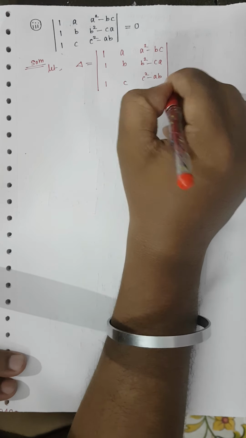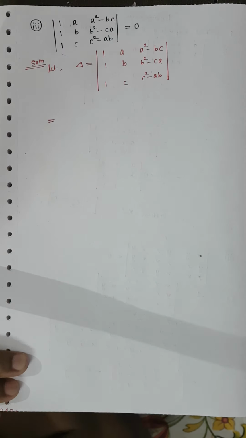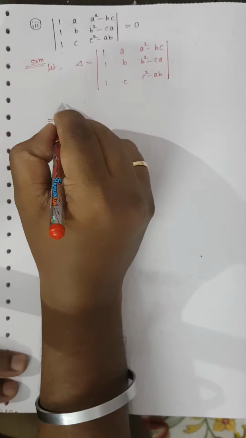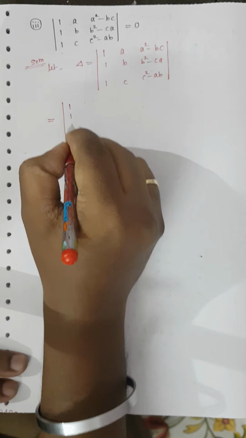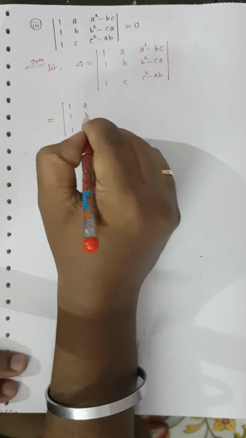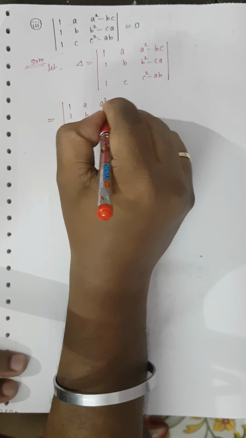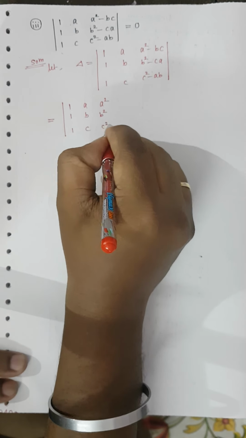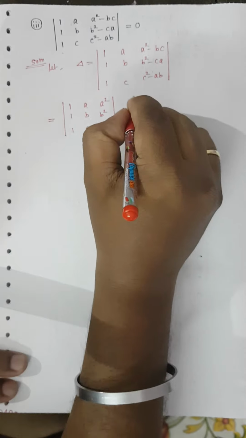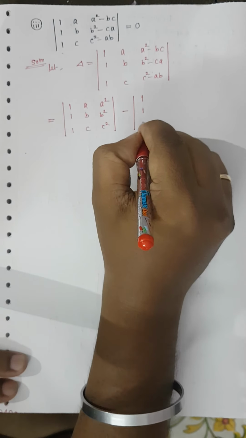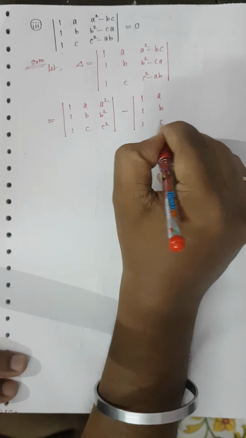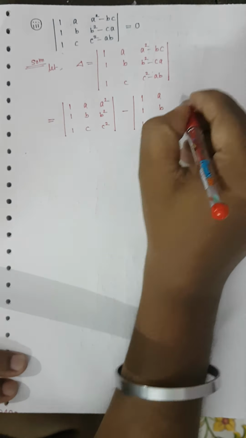Now see, we can express this determinant as the sum or difference of two determinants. We can write this as 1, 1, 1, a, b, c, a square, b square, c square. This is a kind of a property. 1, 1, 1, a, b, c, bc, ca, ab. Now we need to show the value of this is equal to 0.